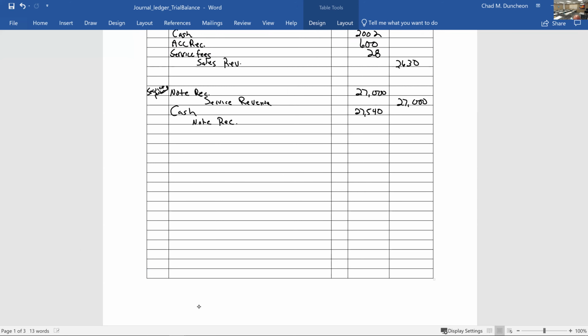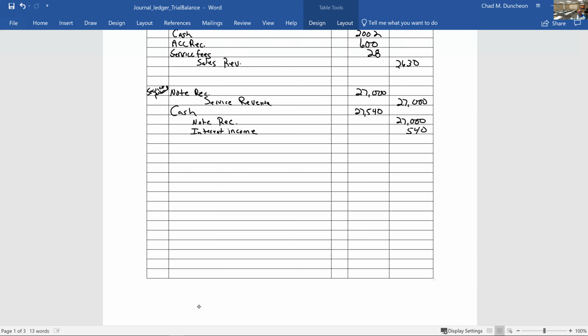They no longer owe us anything, so we can remove the note receivable that we created when we made the sale. And since it is over, if they account for the interest, account for 540, that is called interest income. You may also term it as interest revenue if your book goes with interest income now. Okay, so that's how you account for a note.